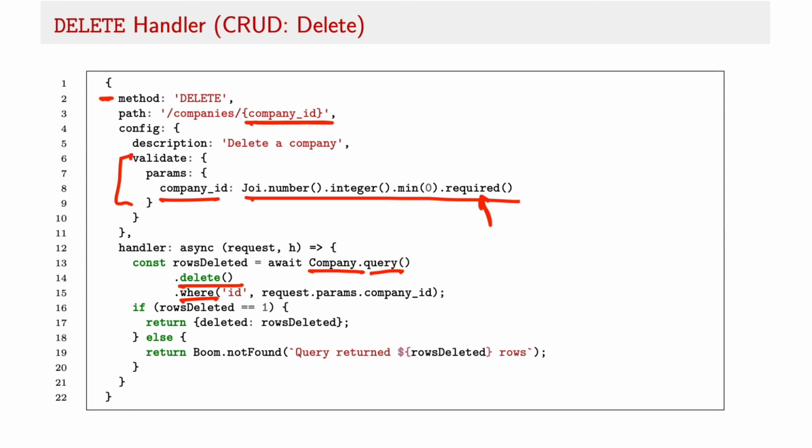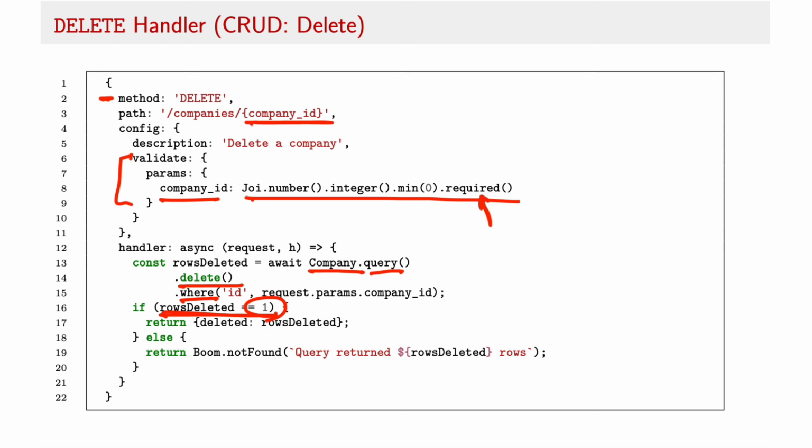Now, so far, I've pretty much just been passing the return values from these method calls back to the client without a whole lot of additional overhead. But it's also possible to do more error handling inside of the handler. Just to illustrate that really simply, I'm checking to see if the number of rows that were deleted actually is 1.